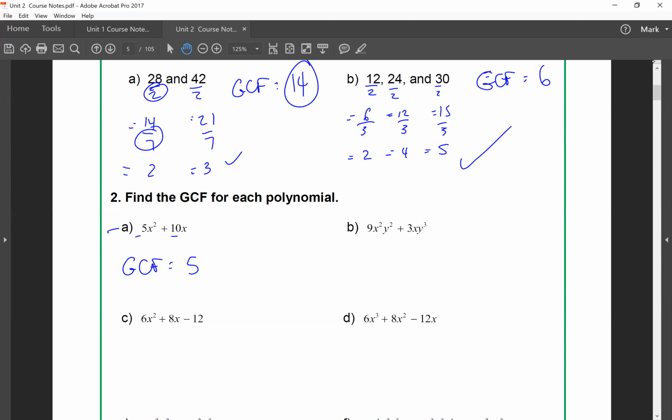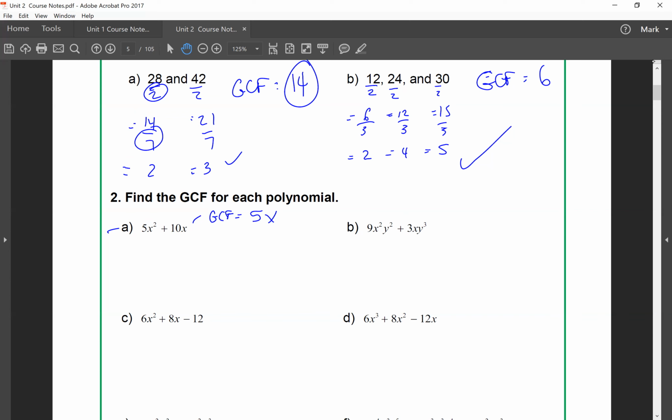And I can also remove 1 x. So my GCF is 5x. Now, I recognize maybe that doesn't make sense. So the GCF is 5x. How do I know? Where am I getting the 5x?